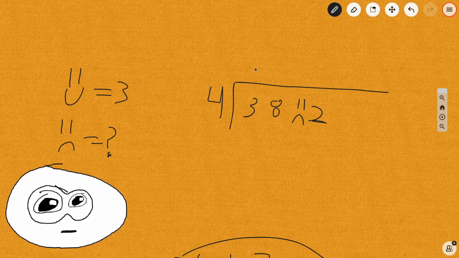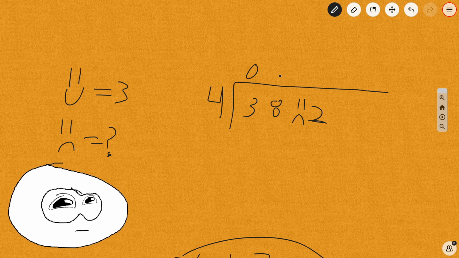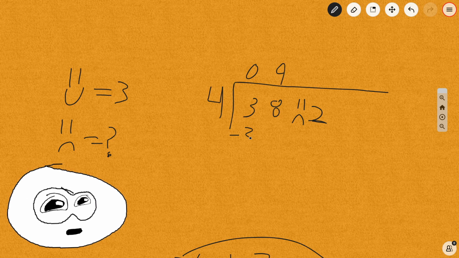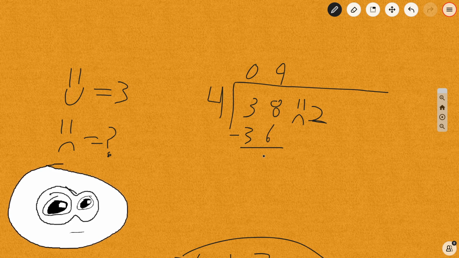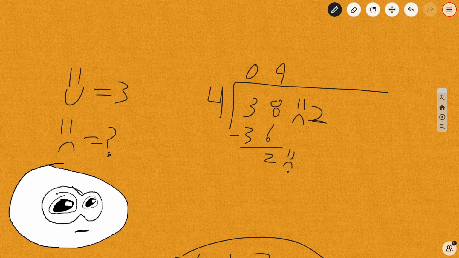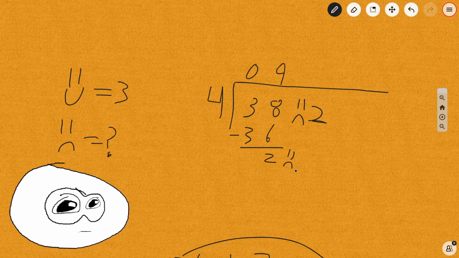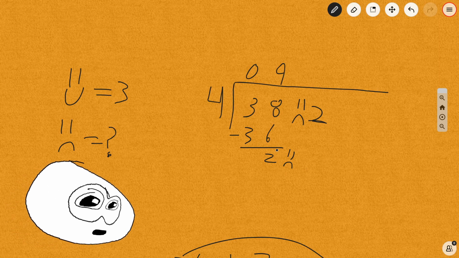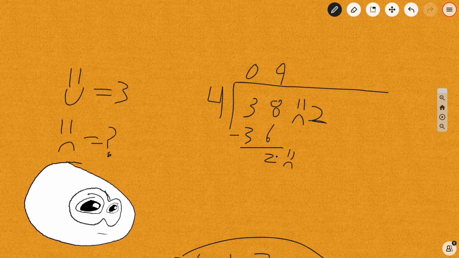So then we would do, how many times does 4 go into 3? 0. How about 38? I think that's like 9. What is that, 36? 2, frowny face. How many times does 4 go into 2 frowny face? Well, we don't know what frowny face is, but it definitely goes into 20.